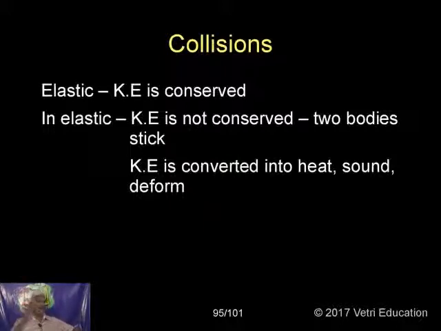During an elastic collision, the kinetic energy is always constant. Two bodies each have their own kinetic energy. After hitting, their kinetic energy won't change. The kinetic energy of the individual particle remains constant. If it remains constant, the collision is called elastic collision. If the kinetic energy changes, it is inelastic.